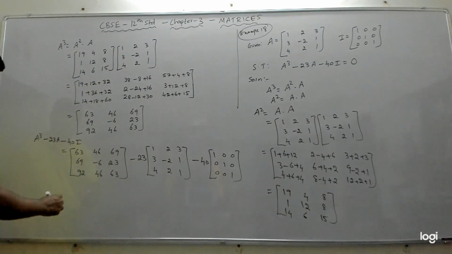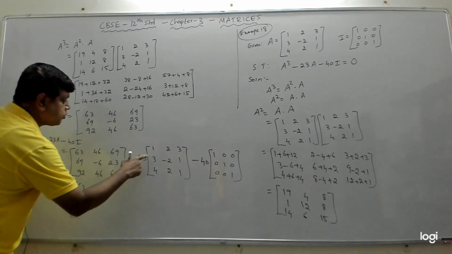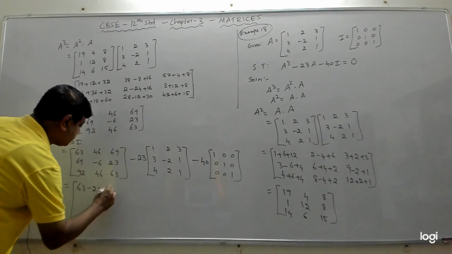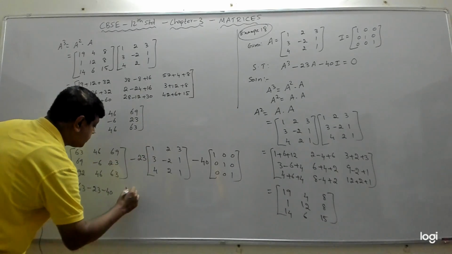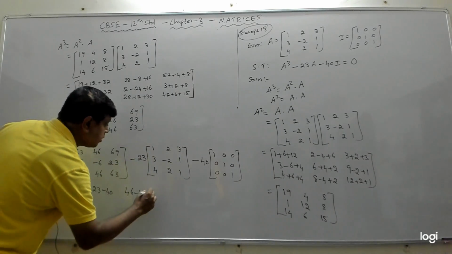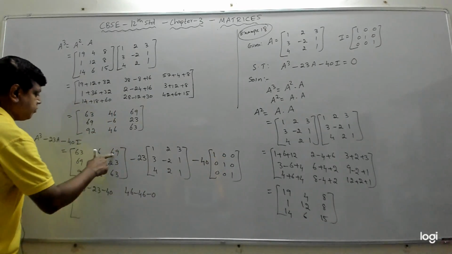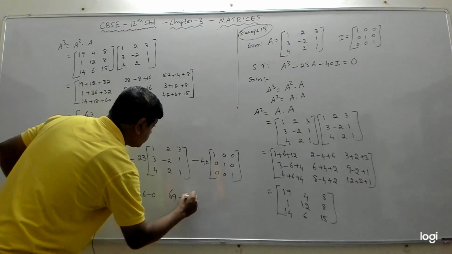Now we should find the value of this. Now this becomes 63 minus 23 into 1 is minus 23, then minus 40 into 1 is minus 40. Then 46 minus 23 into 2 is minus 46, minus 40 into 0 is 0. Then 69 minus 23 times 3 is minus 69.